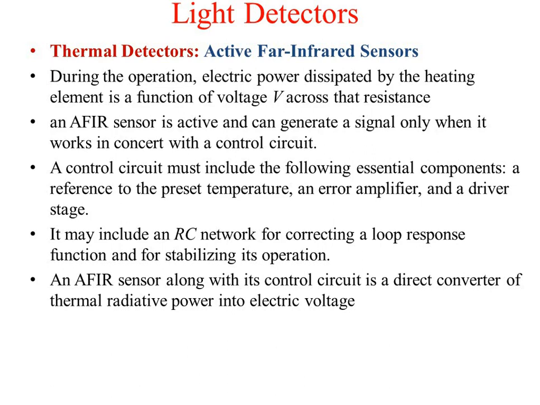The control circuit must include the following essential components: a preset temperature reference, an error amplifier and a driver stage. It may include an RC network for the corresponding loop response function for stabilizing the operation. The FIR sensor along with its control circuit is a direct converter of thermal radiative power into electrical voltage.